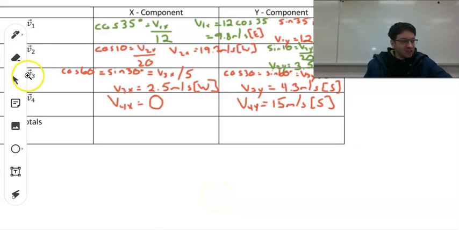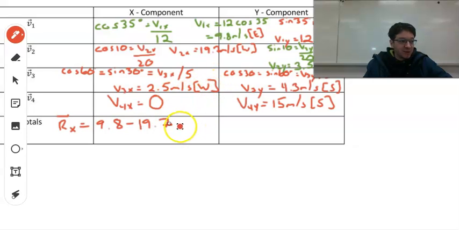So if we're looking at our totals, we do have to remember, here we have east, west, west. Well, remember, if we're going to add east, west, west, we should make west negative east. And we should write 9.8. I should write Rx is 9.8. This is west, so minus 19.7.